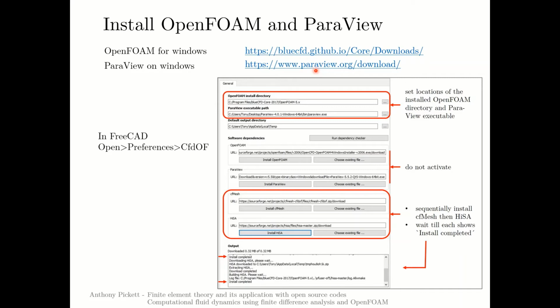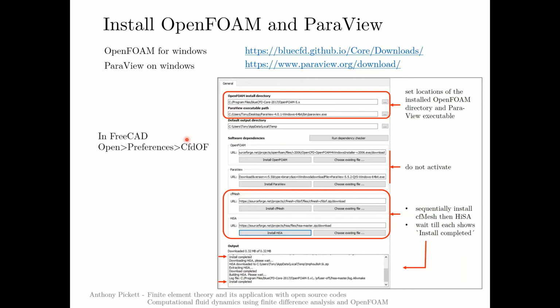Once they're installed, you start up FreeCAD, and under Preferences, CFD, so these are the tabs available in the main tabs at the top, you will be able to open this particular window here. This does the installation of certain codes, and it also links the executables when you come to do the analyses.